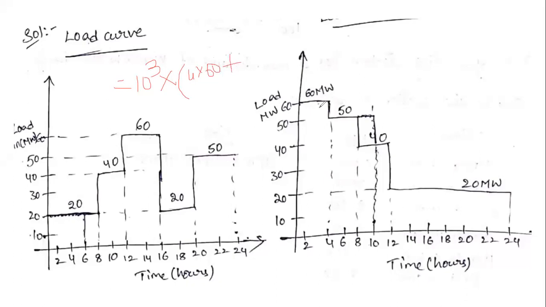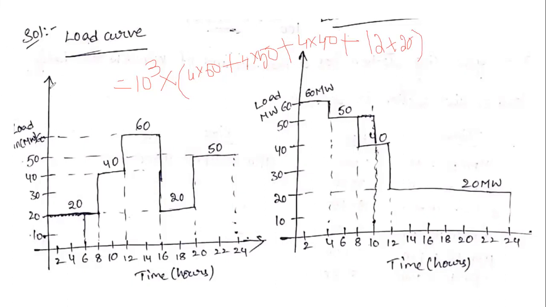Therefore, 4 into 60 plus 4 into 50 plus 4 into 40 plus 12 into 20. This is the procedure for calculating the number of units generated by using the load duration curve.